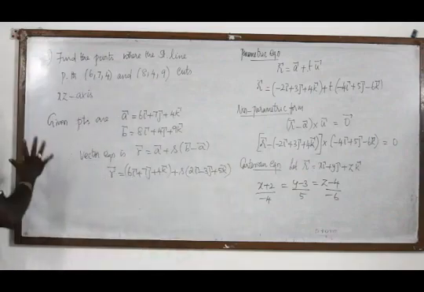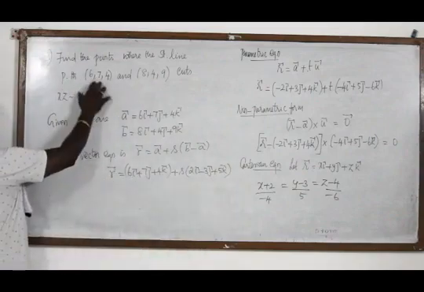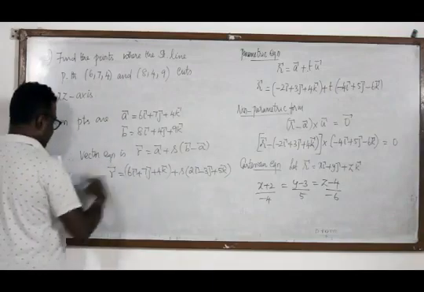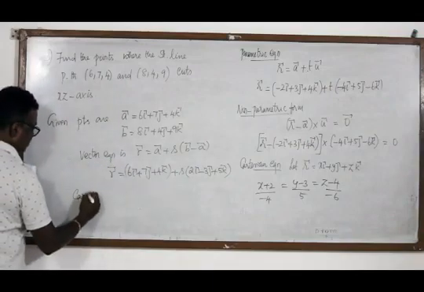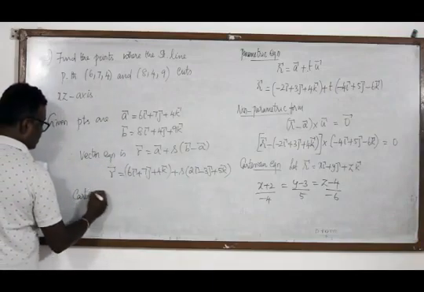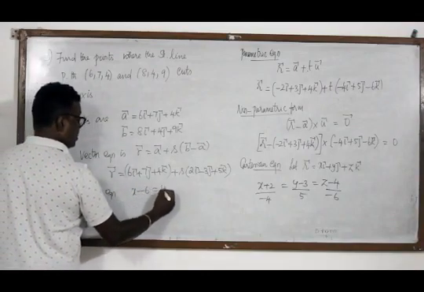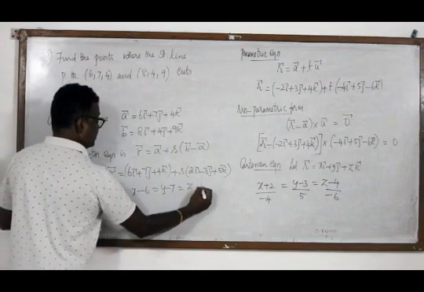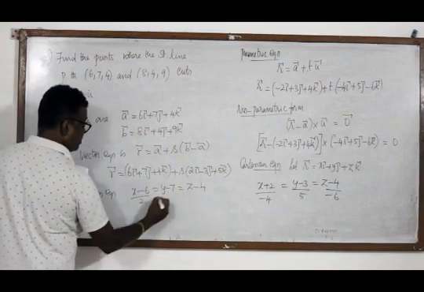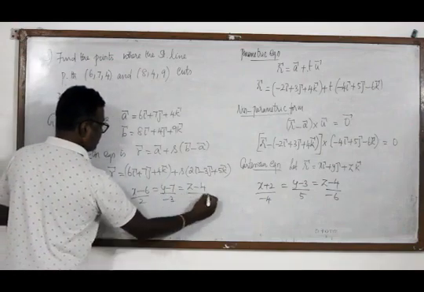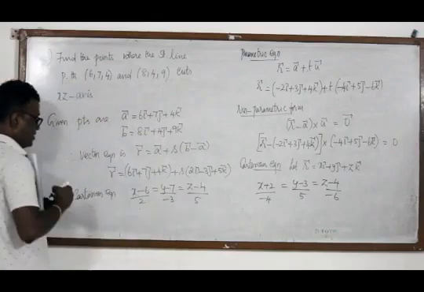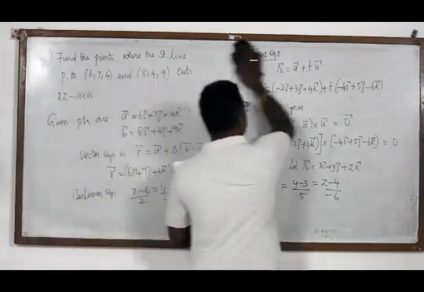Since they are not asking for the equation of the line, only the points, I write the Cartesian form straight away: (x minus 6) by 2 equal to (y minus 7) by minus 3 equal to (z minus 4) by 5. So this is the equation of the line.